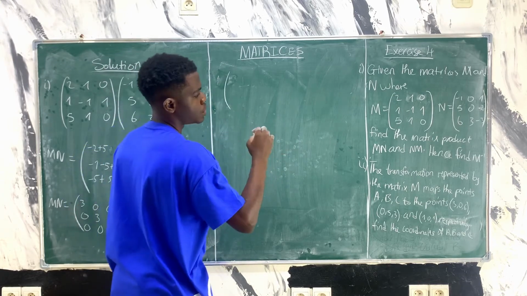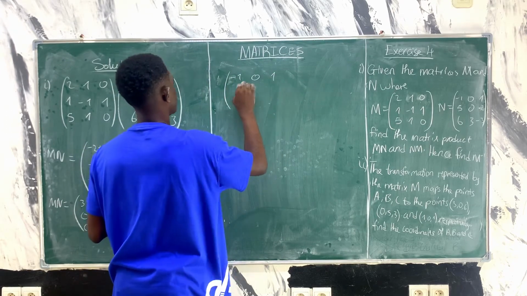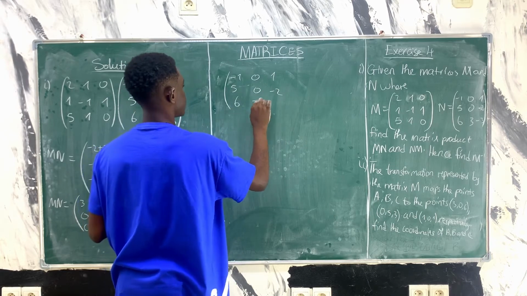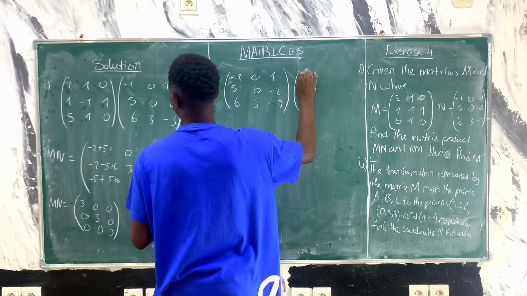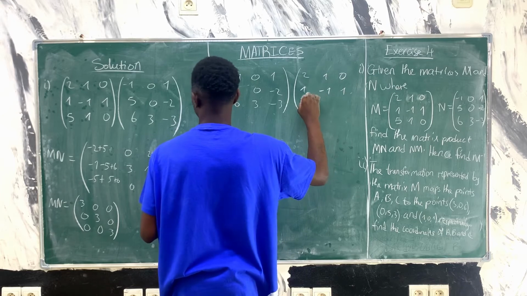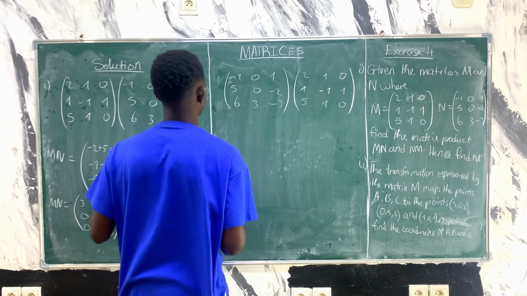Okay, NM, you just switch them. It's going to be minus 1, 0, 1, 5, 0, minus 2, 6, 3, minus 3, and second, we have 2, 0, 1, minus 1, 5, 0. So we can multiply just as we did here.